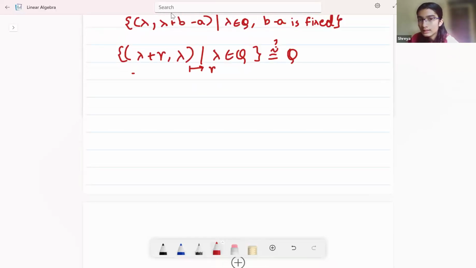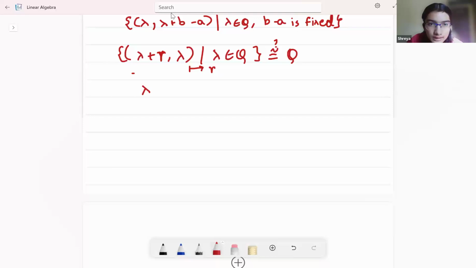It's an isomorphism because, first of all, it's surjective, because r can take any rational value. And it's injective because if r is different, then the sets are different. You can check it is additive because of this extra r term.